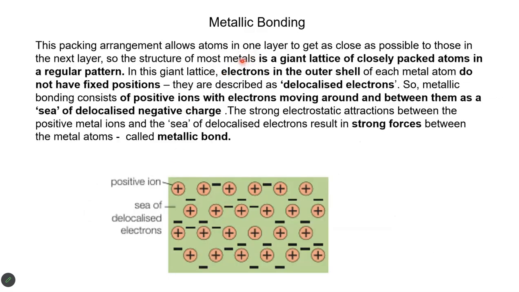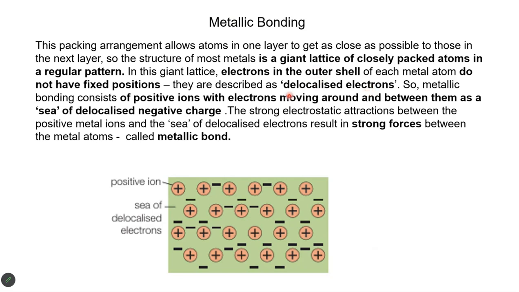Yes, as we said, we have close packing, a giant lattice of close packed atoms in a regular pattern. But the electrons in the outer shell of the metals are not in a fixed position. They are delocalized electrons.